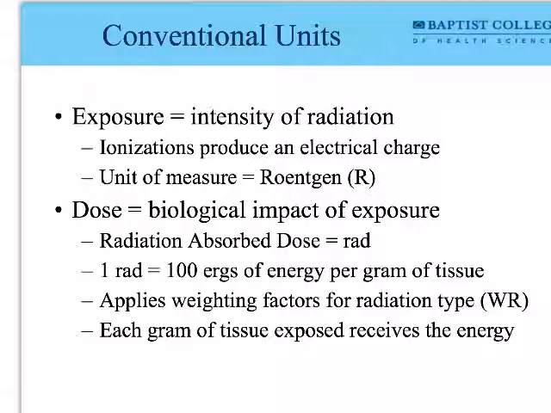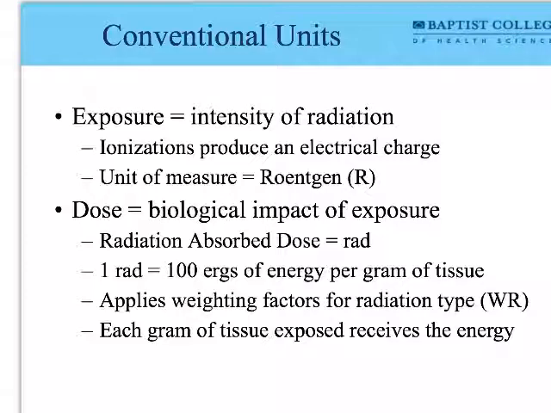And so conventionally the unit for this biological impact of exposure is the rad. And 1 rad, like the textbook says, equals 100 ergs of energy per gram of tissue. Okay? Don't get lost in the weeds on that. It just basically means it produces X amount of energy in a tissue.